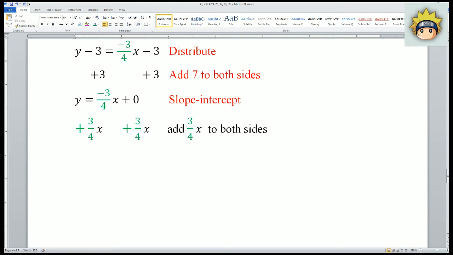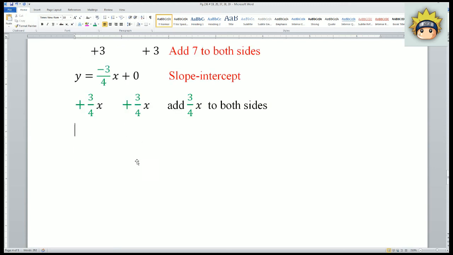After I do that, it should look something like this. Y plus 3x equals 0. This is what it looks like after you simplify.